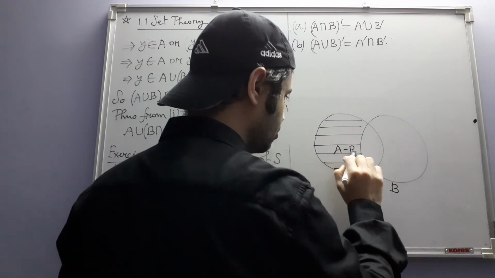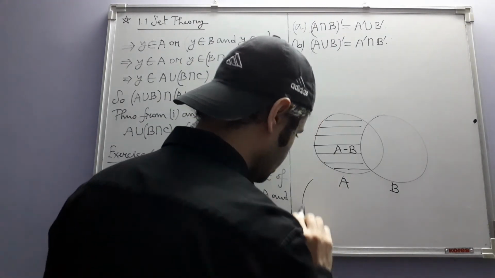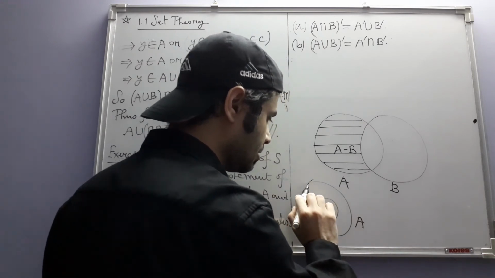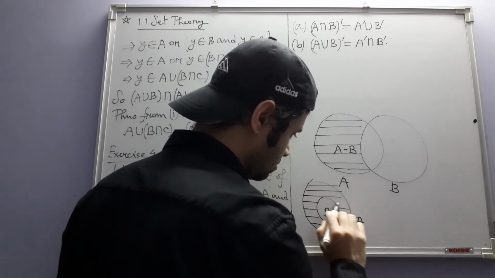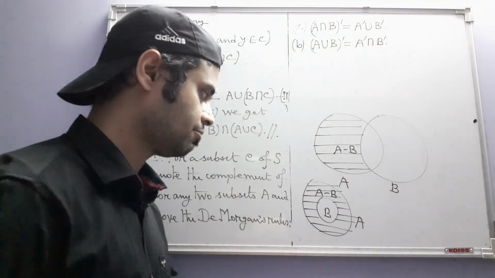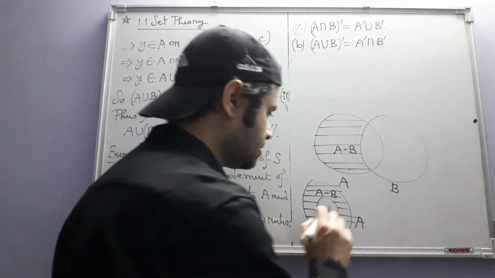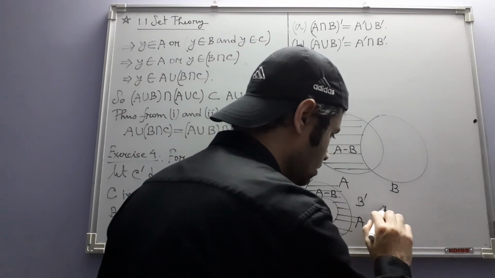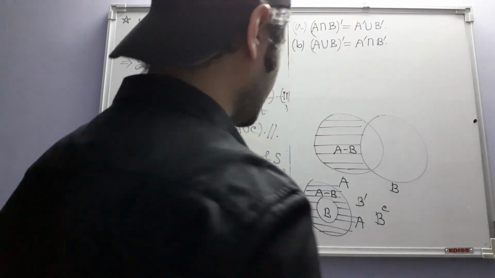It is the set of those elements in A which are not in B. Now, if it happens that B is a subset of A, then the set of those elements in A that are not in B, this is also A minus B, but this is a special case because B is a subset of A. This set is said to be the complement of B in A, and this is denoted by the symbol B prime, or sometimes B superscript c, small c. C denotes complement. Here we are using prime.